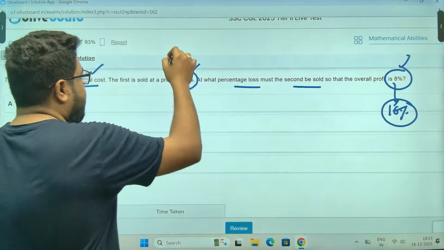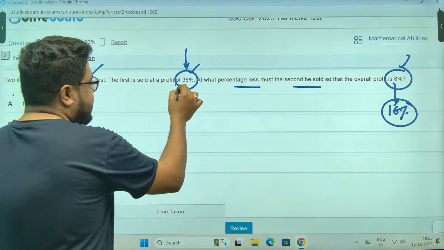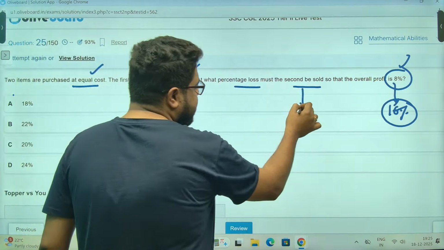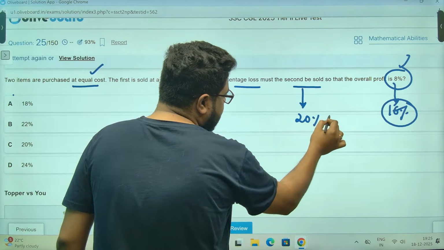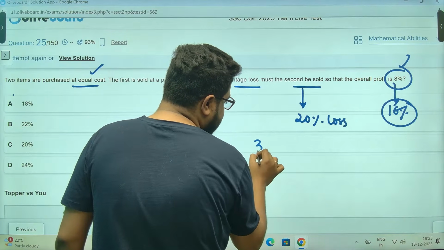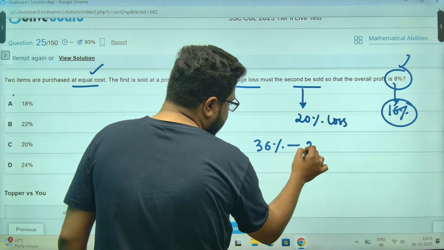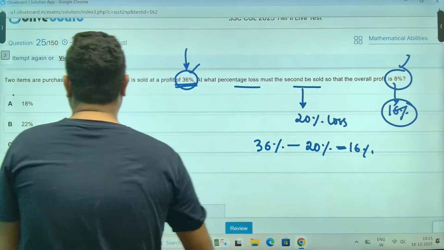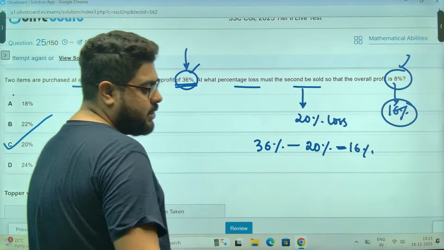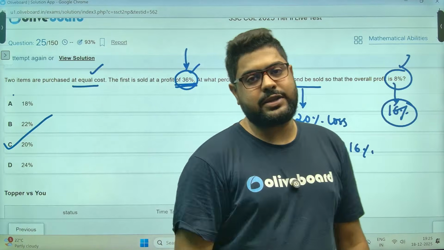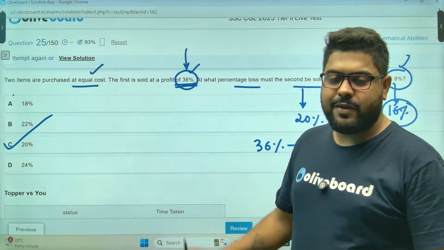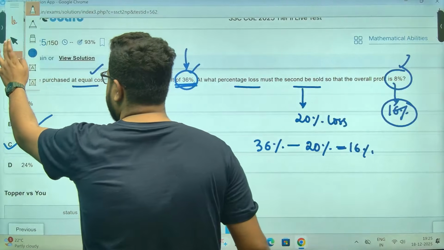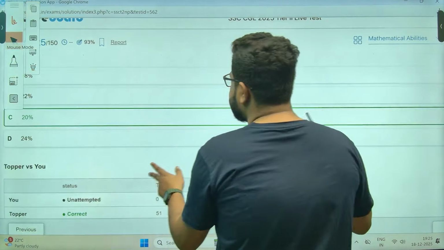On that, one particular product is at a 36% loss. So the second one must be sold at 20% profit, because 36% minus 20% gives you 16%. So 20% has to be the answer, option C. You don't need calculations or pen and paper for this.